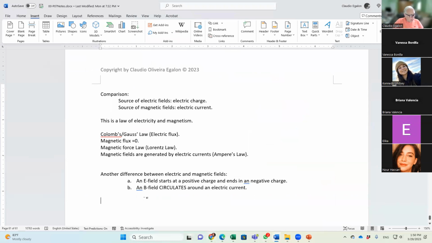So the direction of the magnetic field is determined by the right hand rule, applied in a different way.